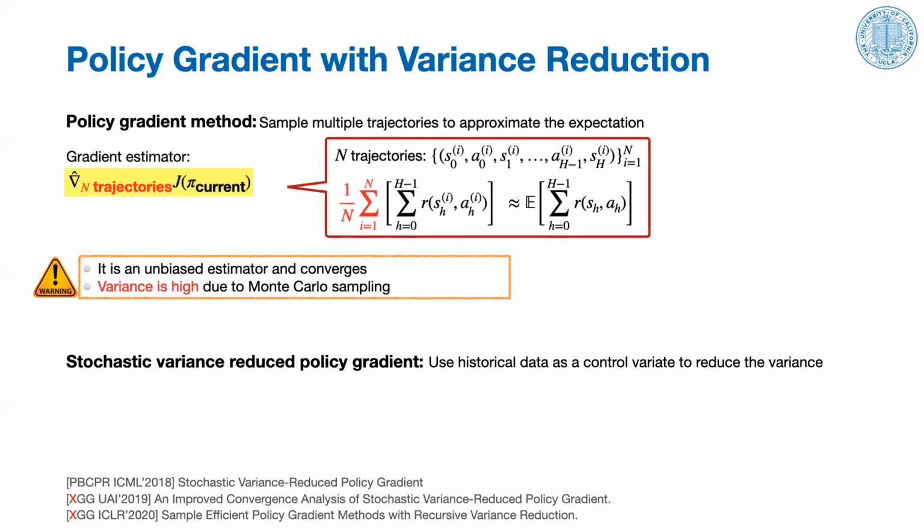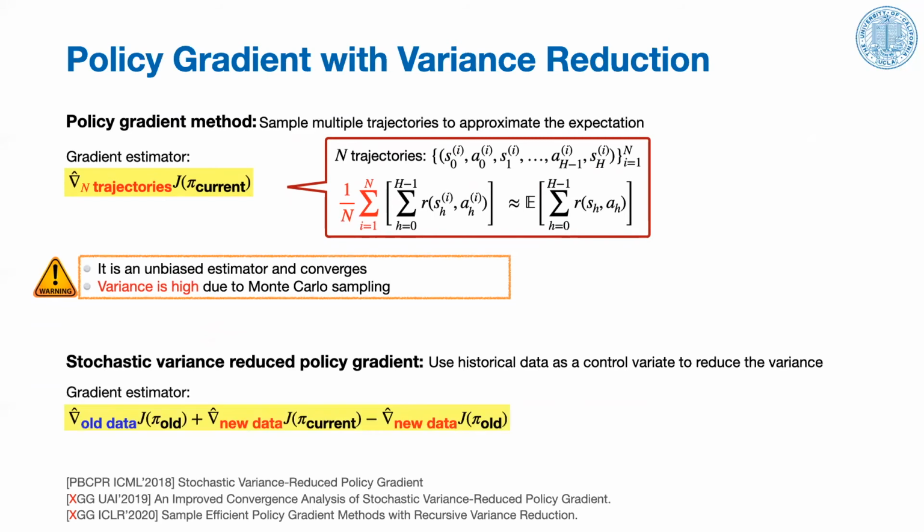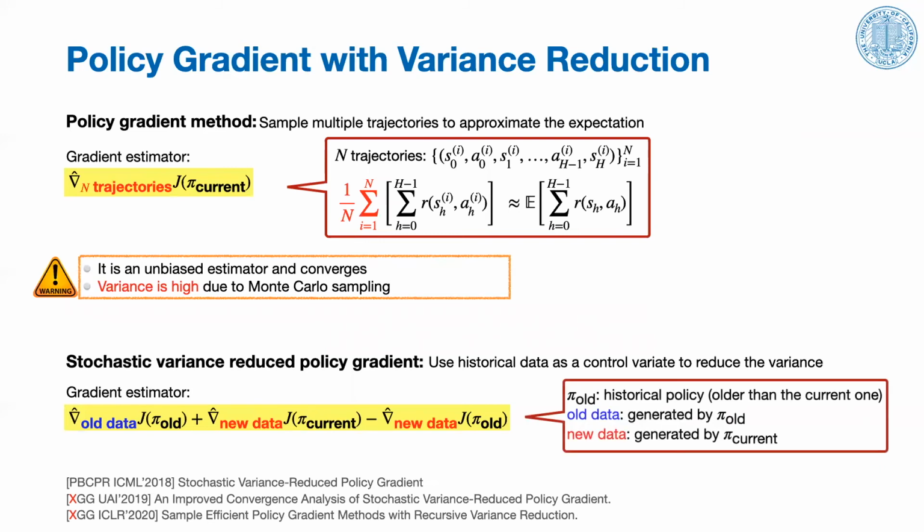The idea is to use a control variate. In detail, the stochastic variance reduced policy gradient algorithm uses historical data to reduce the variance of the gradient estimation of the current policy. In this new gradient estimator, pi_old is a historical policy stored at some previous iteration.